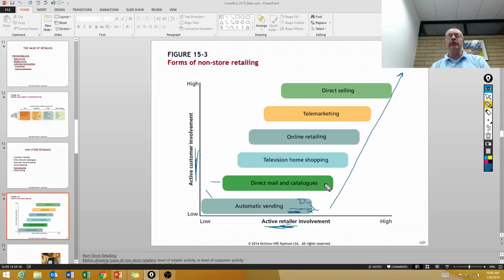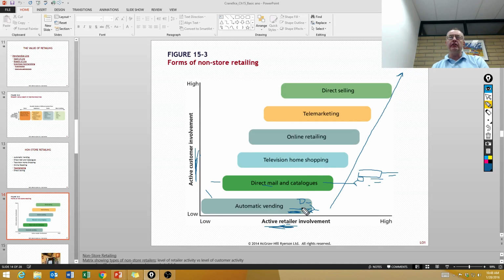And these kinds of retailers tend to specialize in different market segments. I mean, we do have some big, broad market segment direct mail companies like Sears has a catalog, and Canadian Tire has a catalog. But we also have all these specialty retailers, so women's clothing or men's clothing.